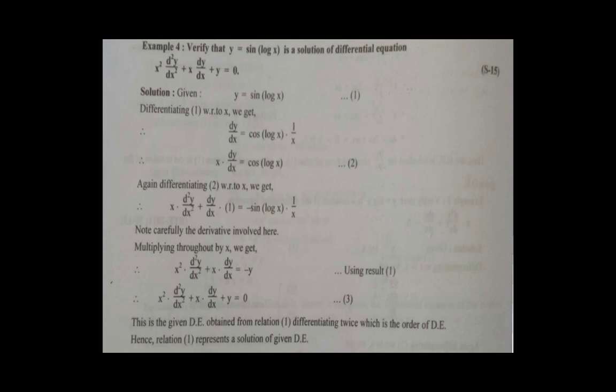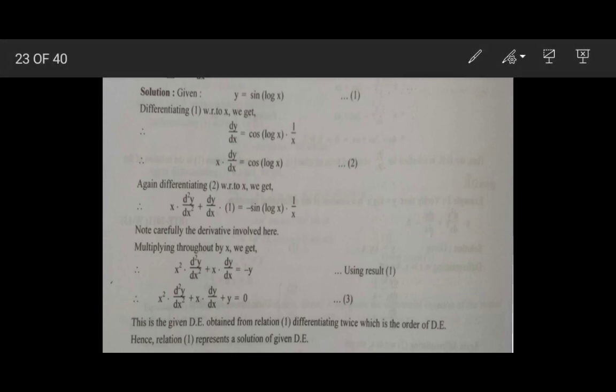When we differentiate this, we get dy upon dx is equal to derivative of sin log x, cos log x into derivative of log x, and derivative of log x is 1 upon x. Now again I am taking this 1 upon x on the left hand side, so it will be x dy upon dx equal to cos log x.